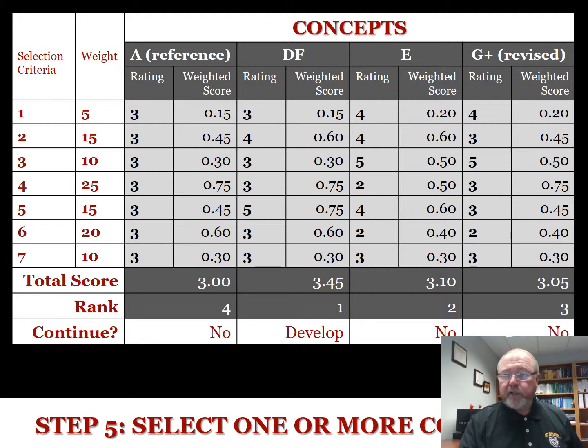And I would be looking at some of the others to see if there was something there too. Take DF on criteria 1, admittedly not a very important criteria, weight only 0.05. Nevertheless, both E and G plus scored better than DF. Could I learn something that would help me there? Those are the sorts of things I'm going to be looking for before I ever actually develop. I'm going to see if there's more to be learned so that I could improve this concept further.